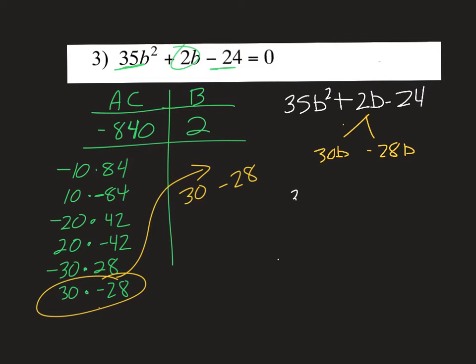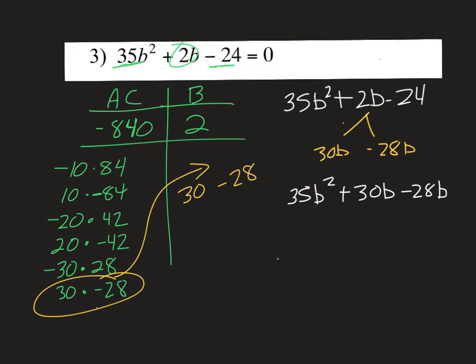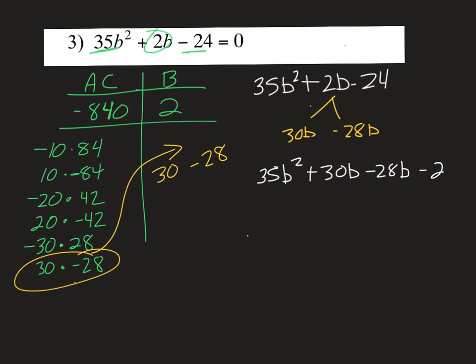So now we have 35b squared plus 30b minus 28b minus 24. The whole point of taking that polynomial with 3 terms and turning it into 4 terms is so that now we can factor by grouping, because we have 4 or more terms that have a common factor.